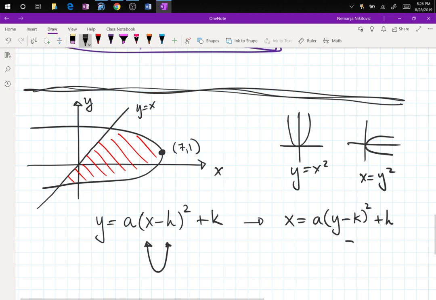And that's for the one that is sideways. Like this.